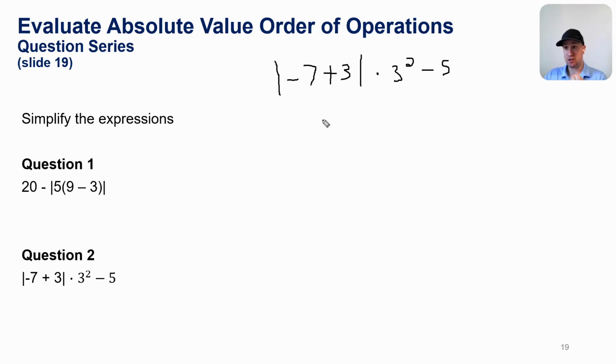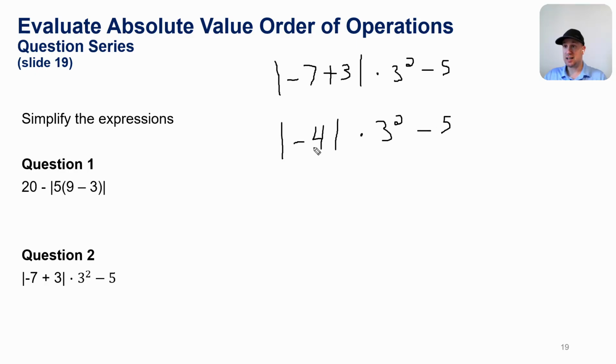If I think about it in terms of money, in this case, I have -7 in my bank, so I'm in debt, unfortunately. But then I add $3 in value. So I would end up at a -4 here. So this would be the absolute value of -4 times 3 squared minus 5.